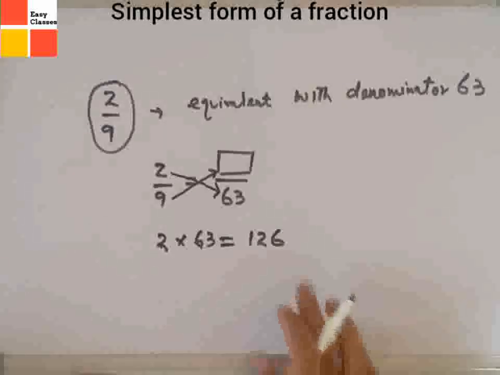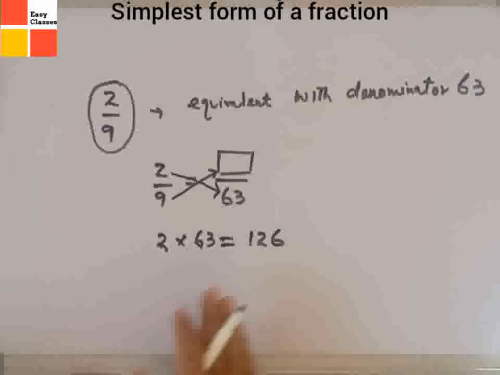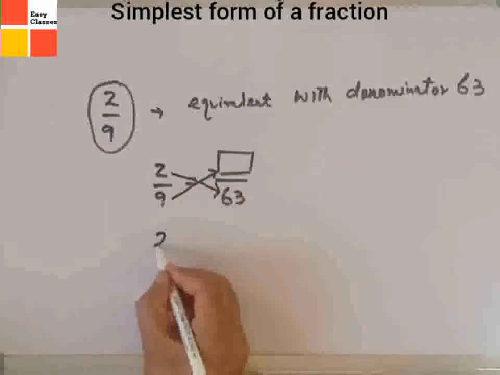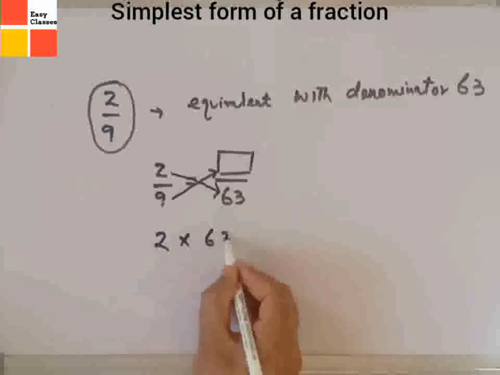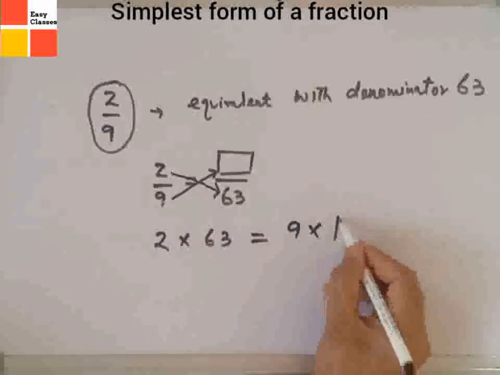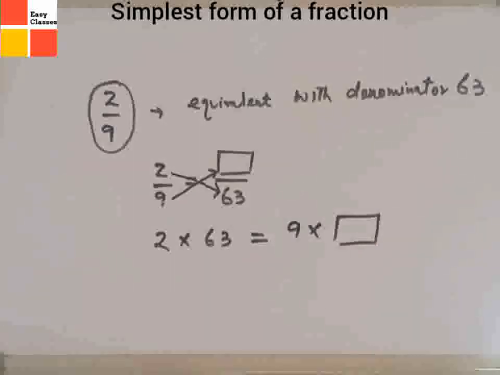Or we can put it like this: 2 into 63 is equal to 9 into this.